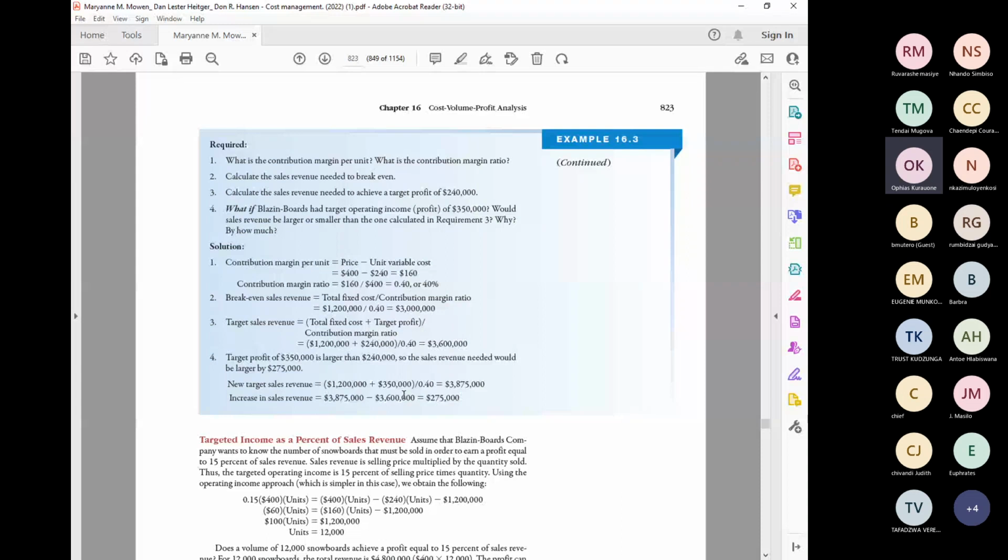This one has been calculated here. New target sales: total fixed cost 1,200,000 plus 350,000, that is the new target according to the formula, divided by 0.40. Then you get this one. Then you say 3,875,000 minus 3,600,000, and you get 275,000.